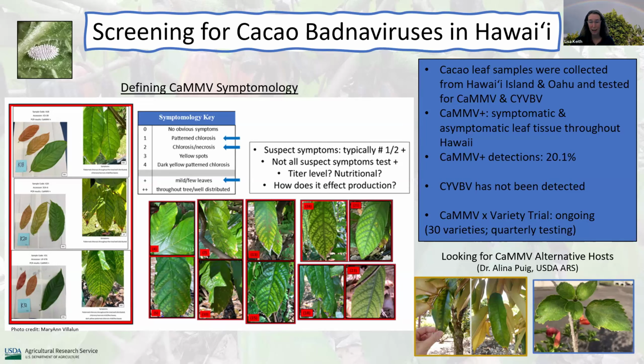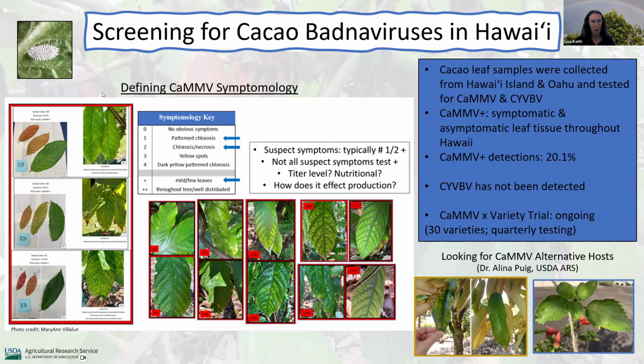And looking at close to maybe 800 or 900 different samples, we found a 20% detection rate, really meaning that it is well distributed on island, particularly.